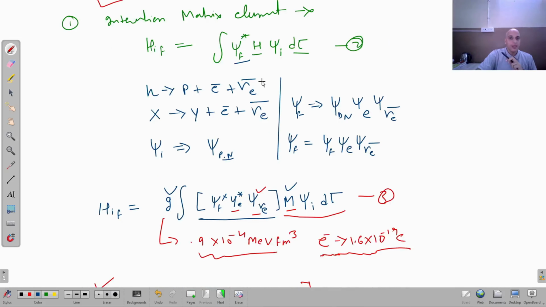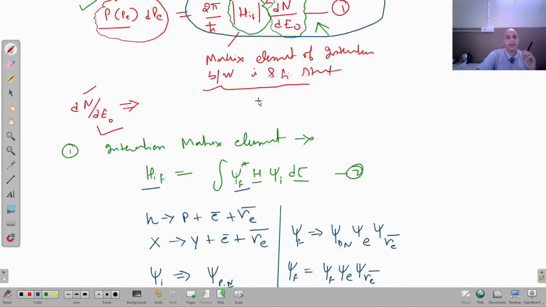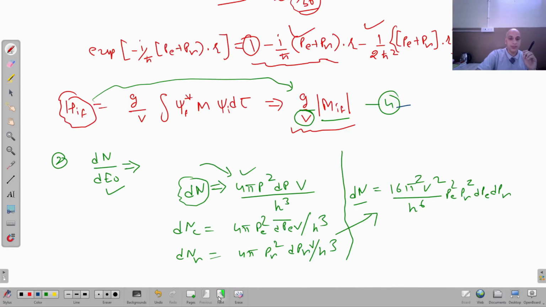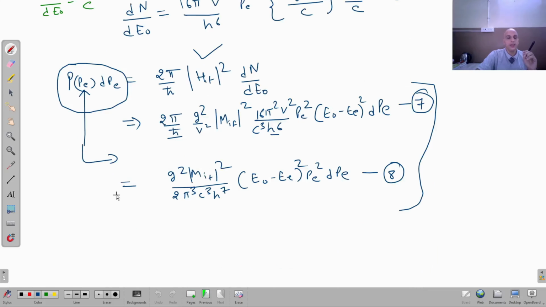Then we calculated the value of HIF, the matrix element of the interaction Hamiltonian operator, and then by calculating HIF and dN upon dE naught, we put all these values in this expression and arrived at this result, which gives us the probability of emission of an electron per unit time in the momentum interval of P_e to P_e plus dP_e.